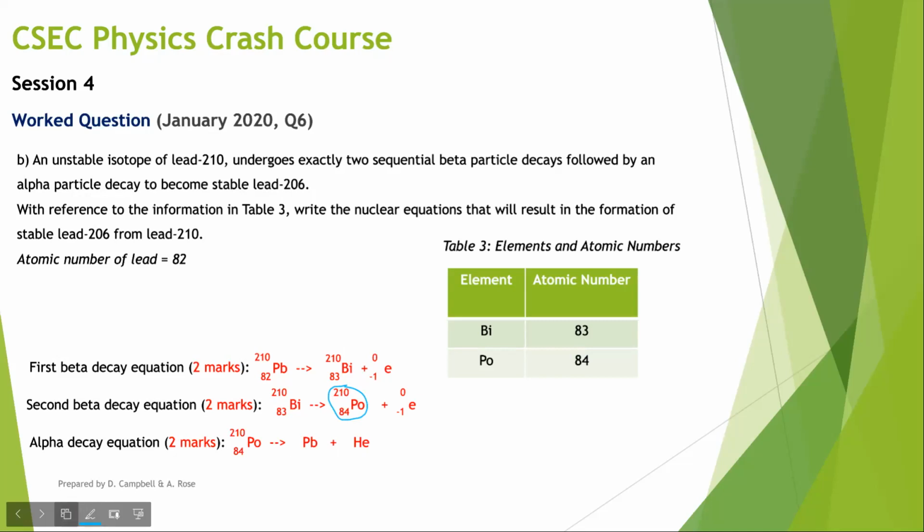Now the alpha particle, as we said, is a helium nucleus, which means that it has a mass of 4 and a charge of +2. So to get 210 from 4, we must add 206. That would be our mass number, and the atomic number would be 84 minus 2, which is 82.